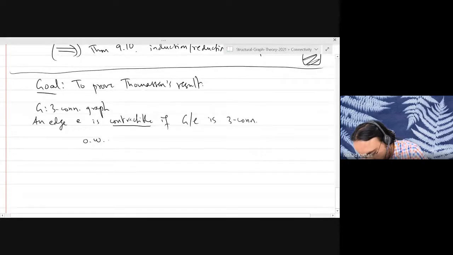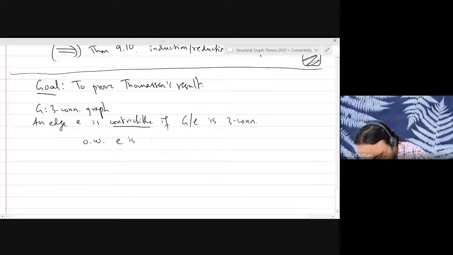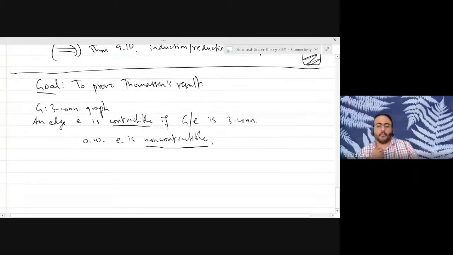Otherwise, e is non-contractible. Okay, this is just for the sake of this discussion. These are not standard terms, so if you use them in the assignment, you should also define them.